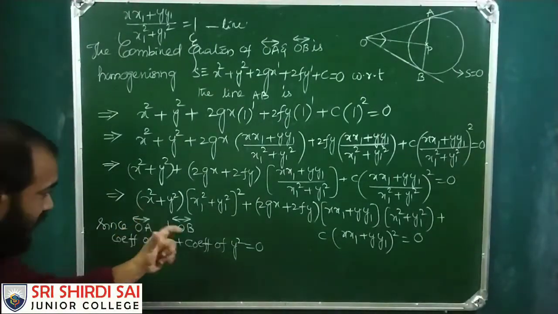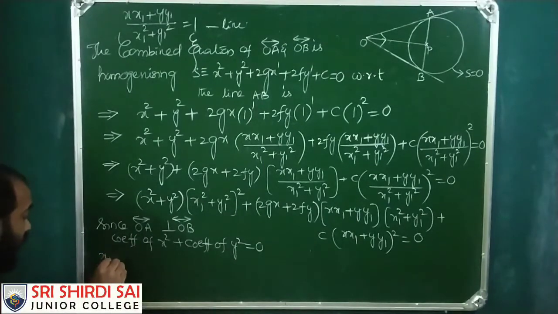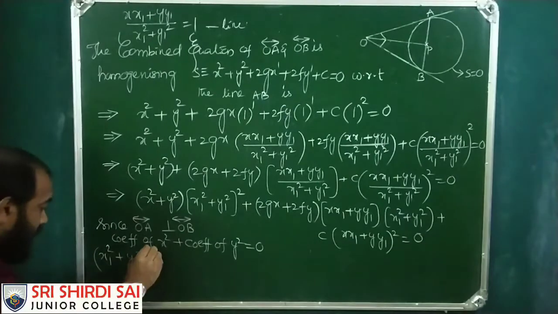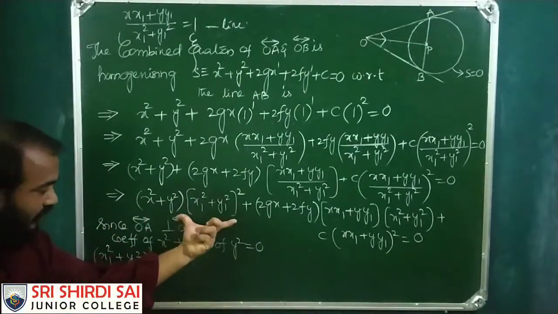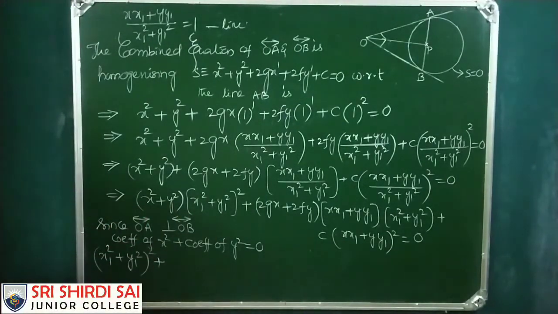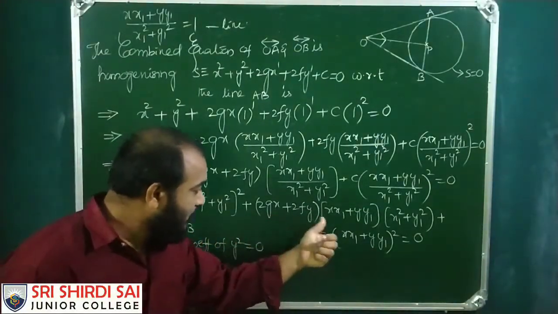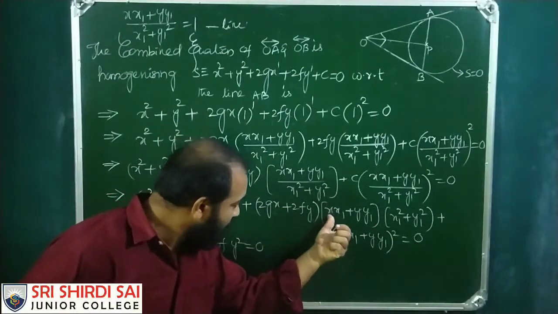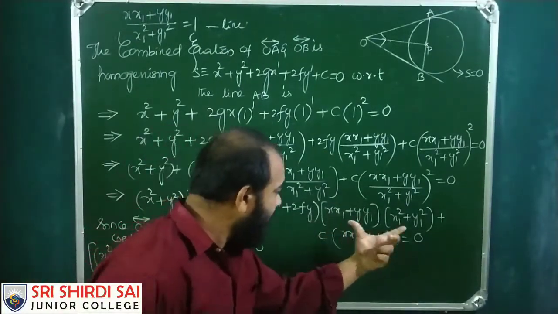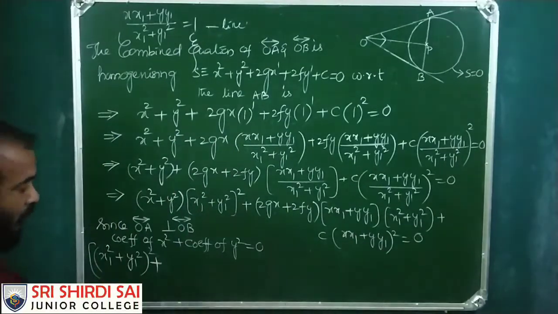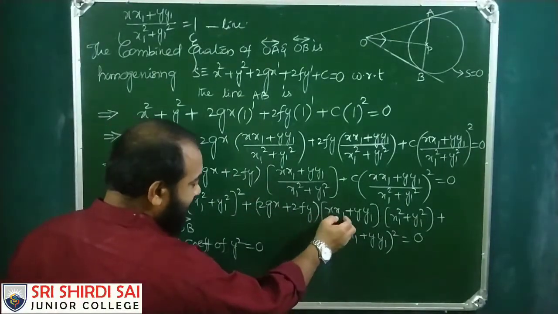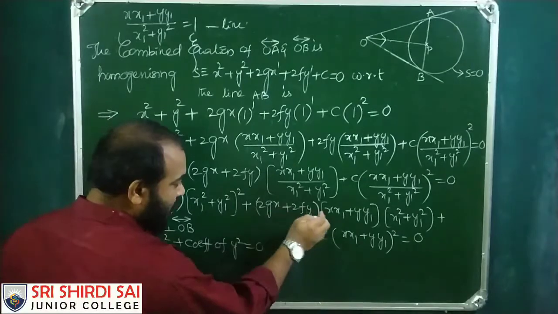Coefficient of x square is this, x1 square plus y1 square whole square, x square into this. So let us write the coefficient of x square first, plus here 2gx into x, 2gx square into x1 into this. Okay, because 2gx into xx1, 2gx into x square.